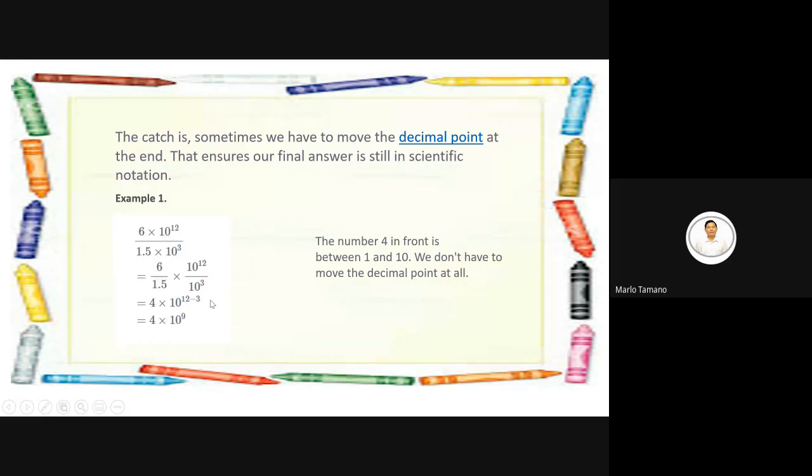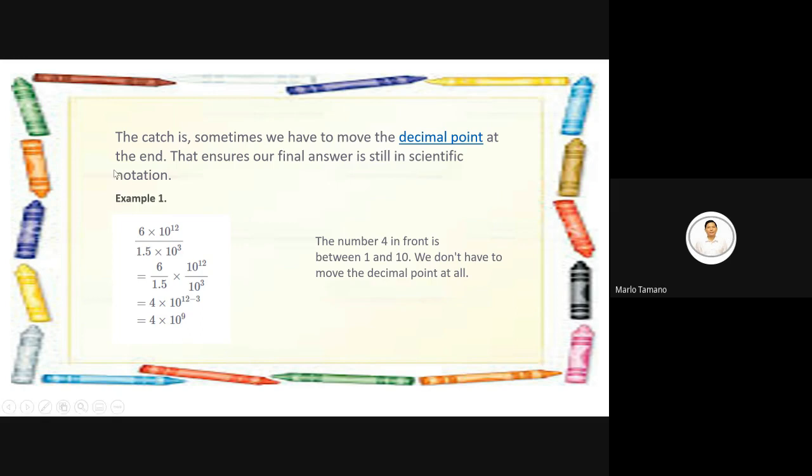Sinusubtract lang po ang exponent. Kaya napakadali po. So, 4 times 10 to the 9. The number in front is between 1 and 10. Yung coefficient natin na 4, that is greater than 1 but less than 10. So, ibig sabihin, naka-scientific notation na siya.